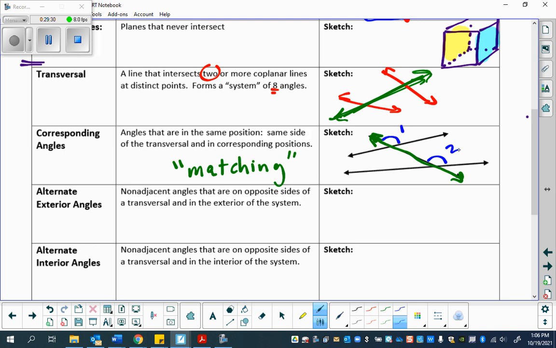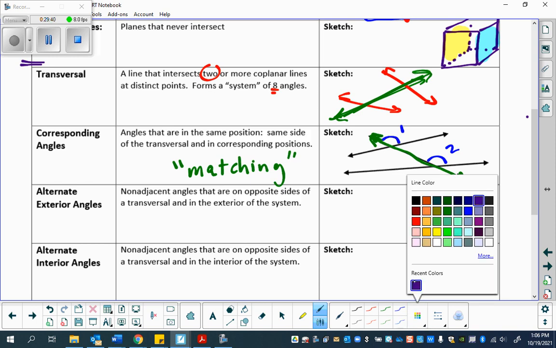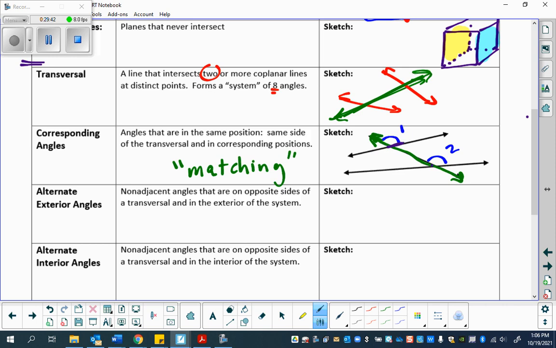They're on the same side of the transversal, and they're both sitting on top of their little line. So I can say that angle 1 and 2 are in matching positions. Those are what we call corresponding angles. They're in corresponding positions.